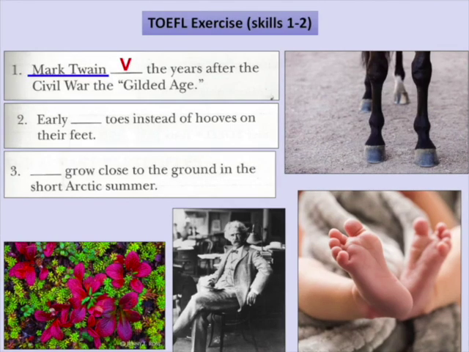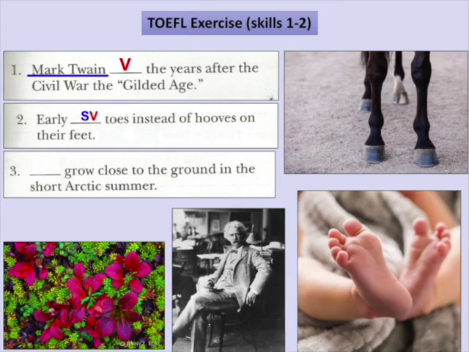Number 2, early, something, toes instead of hooves on their feet. Do we see a subject and verb in here? No, there's a prepositional phrase, but there's no subject or verb. So we will write SV right here, and we know our answer needs to have both a subject and a verb.